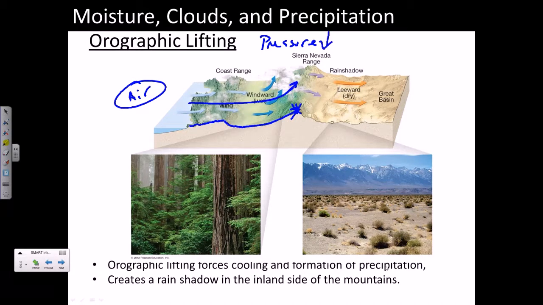Pressure goes down, right? As they move up, what happens to temperature? Temperature goes down. Okay. As temperature goes down, what happens to relative humidity? Relative humidity, or RH in this case, goes up. And you end up with rain commonly, or precipitation on the front side of the mountains and the formation of clouds.